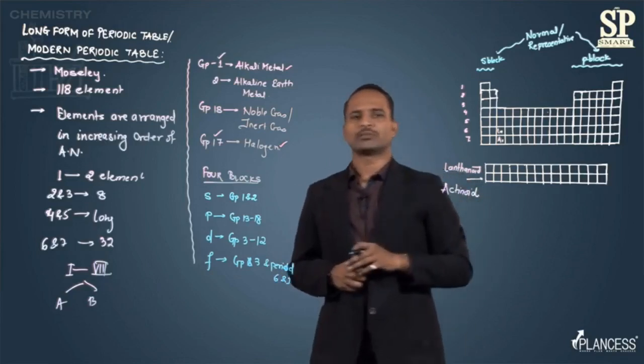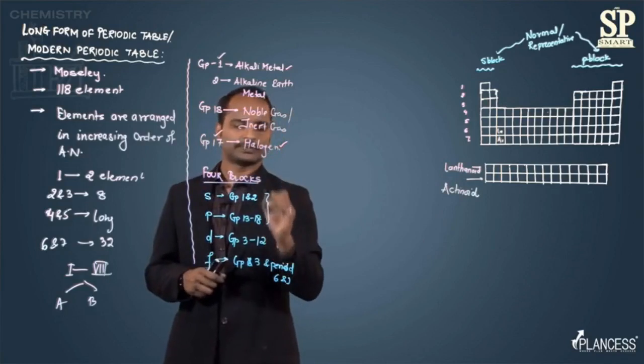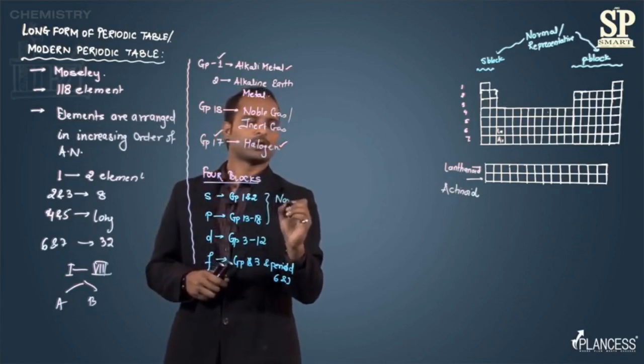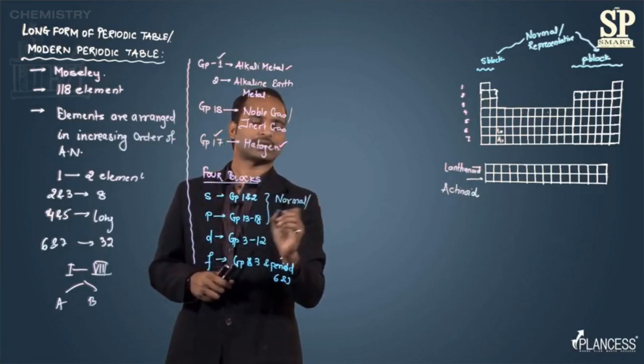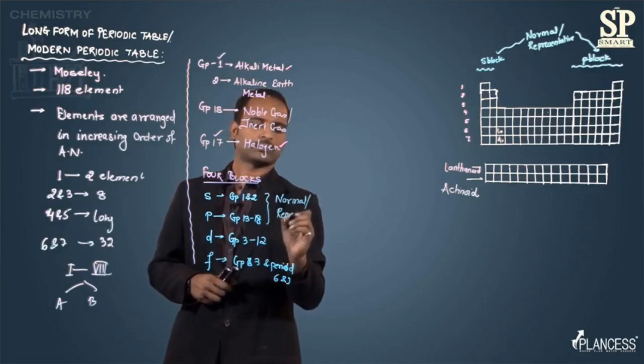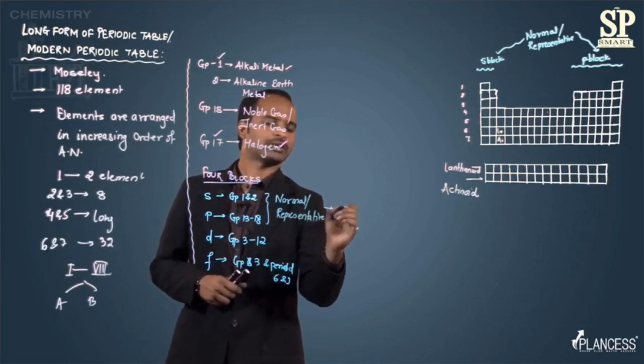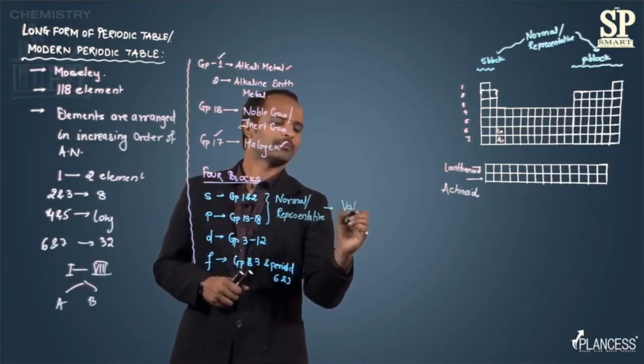The name normal elements or representative elements is given because in case of S block and P block, only the outermost shell is incomplete. The reason is that only the outer valence shell is incomplete.